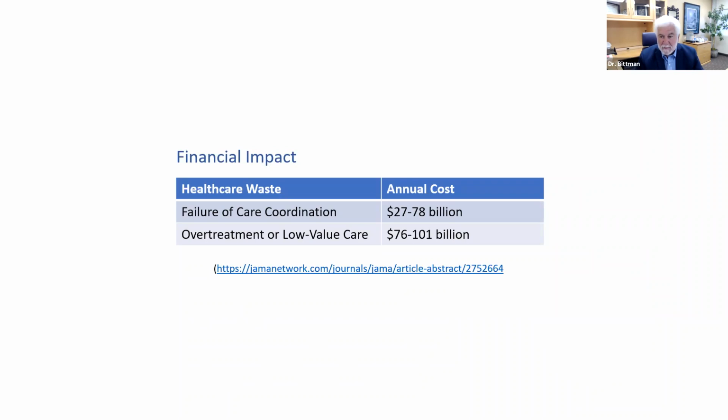Now, I personally believe that if we're using an HIE, if we're using the full power of Manifest MedEx, and we're able to understand what's being done for our patients and where they're being seen and where they're being treated, we can eliminate this. But I also want to tell you, we have a $3+ trillion healthcare budget in this country. And there is no question that roughly a third of that budget is wasted.